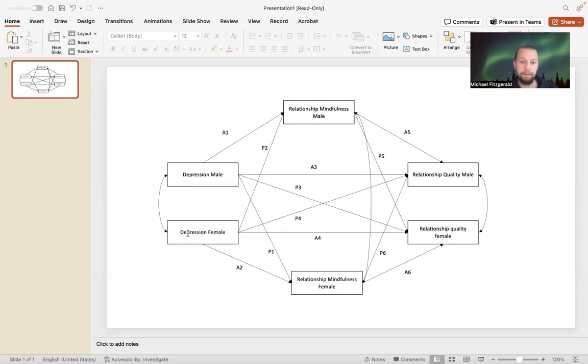We could also calculate the extent to which female depression affects female relationship mindfulness, which then affects male relationship quality, or we could go female depression affecting male relationship mindfulness to male relationship quality through P2 and A5, or we could do a partner-partner indirect effect, female depression, male relationship mindfulness, female relationship quality. All right. And so we are just going to be estimating these actor effects.